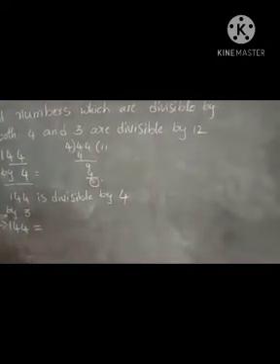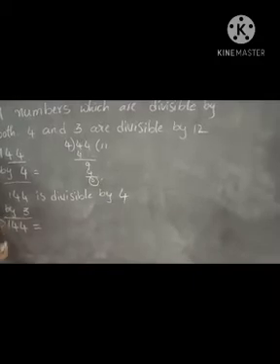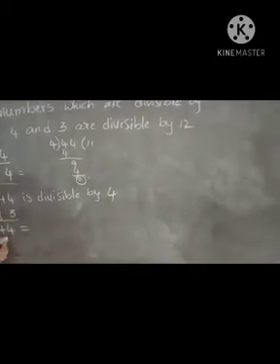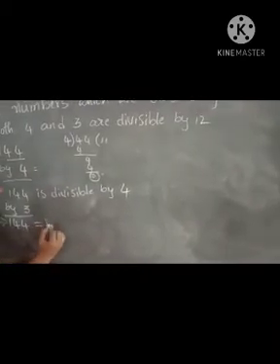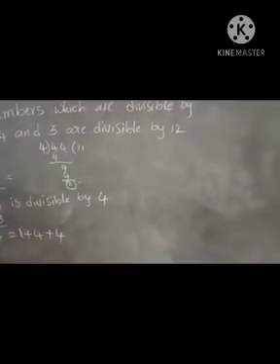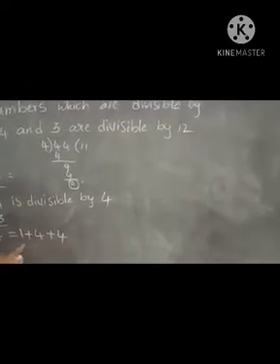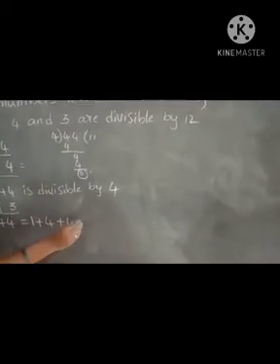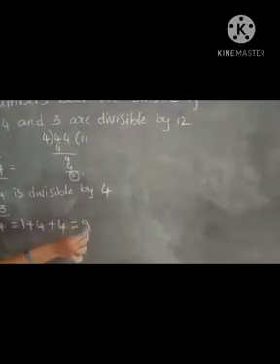144. What is the rule for 3? Sum of the digits. Sum of the digits means we have to add these numbers. 1 plus 4 plus 4. 1 plus 4 is equal to how much? 5. 5 plus 4 is equal to 9.